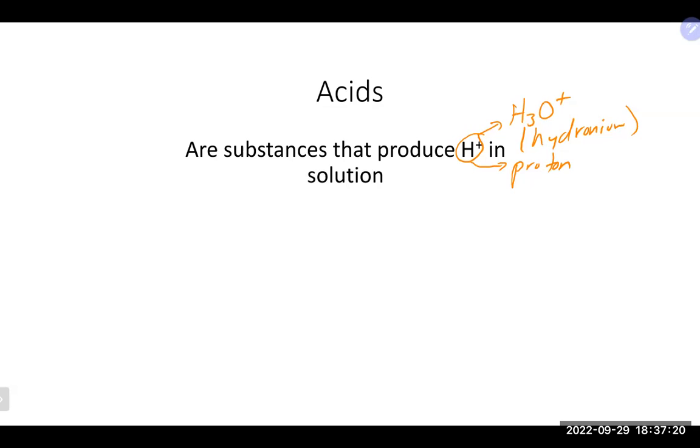So acids, as I mentioned, have the ability to produce H+ ions in solution, which means acids are aqueous solutions. And they should always be given the AQ symbol, which means it's a water environment. The difference between AQ and L is that L is a pure substance like water.